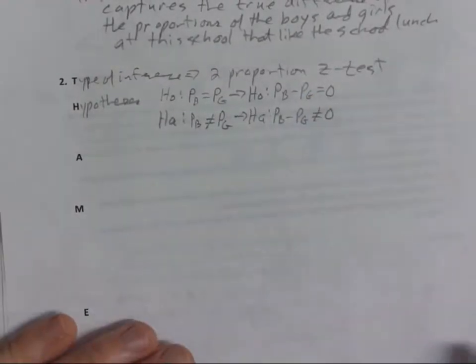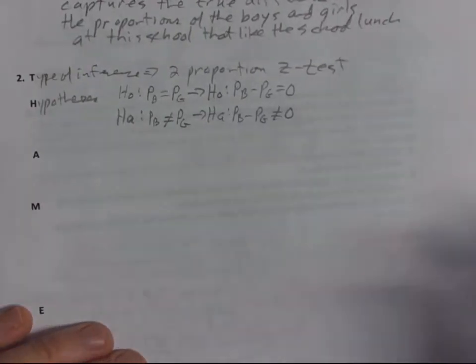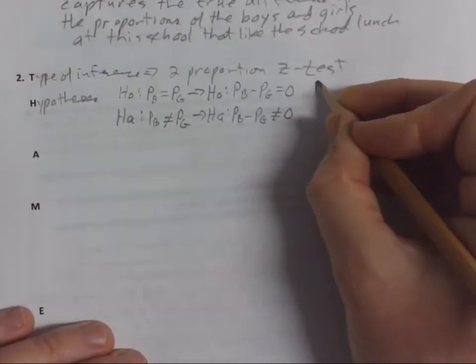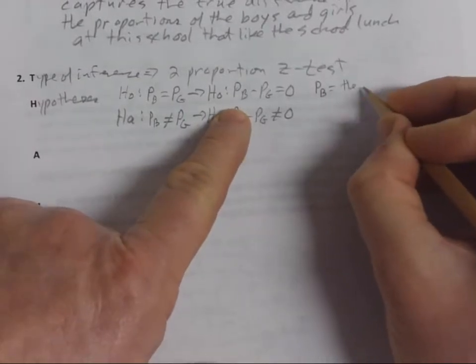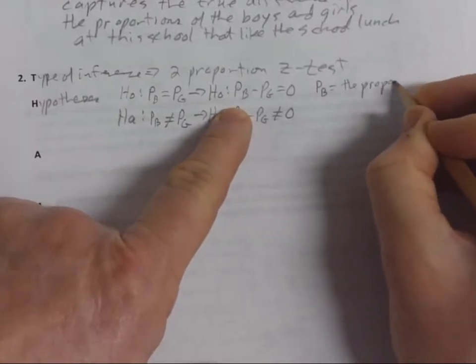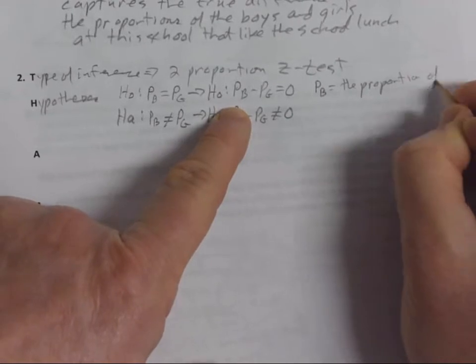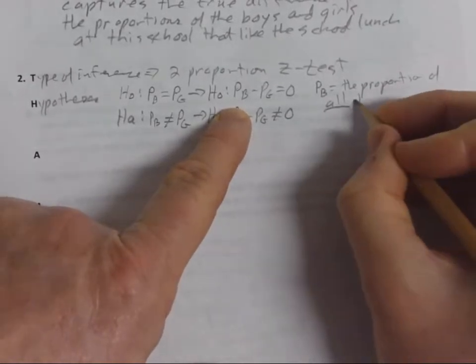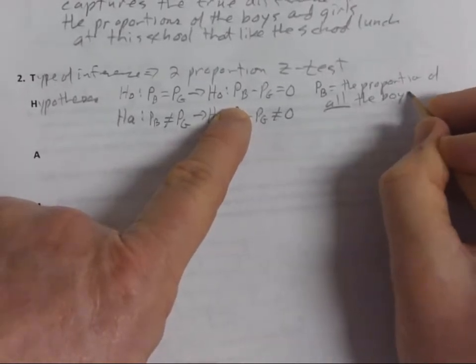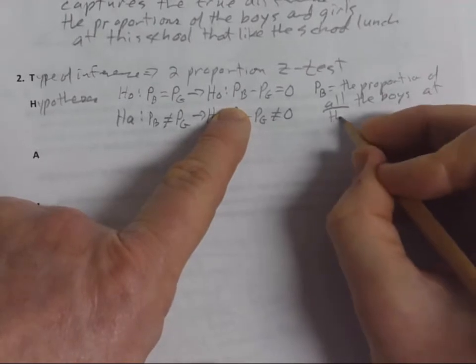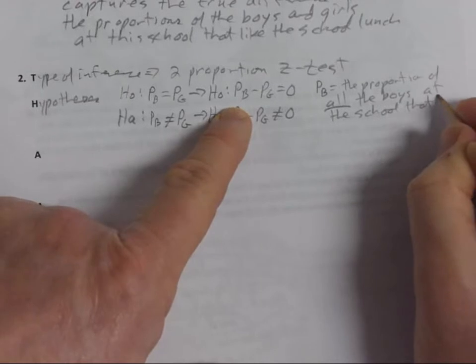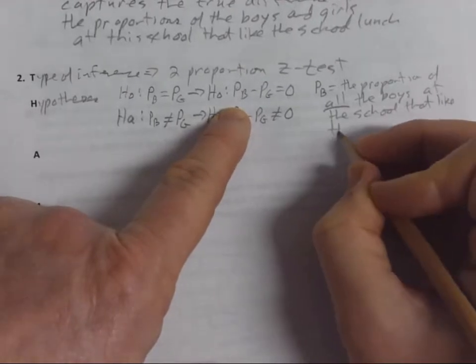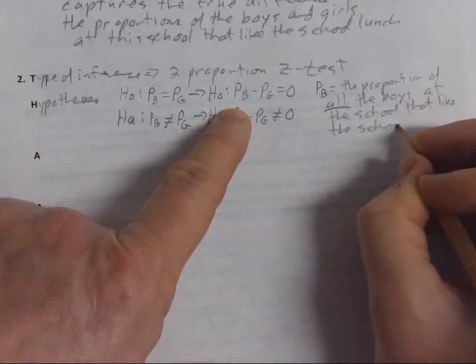Okay. Now, this is a bit cumbersome, I know, but you have to define your variables. You have to say, what is P sub B? P sub B is the proportion of all the boys at the school that like the school lunch.